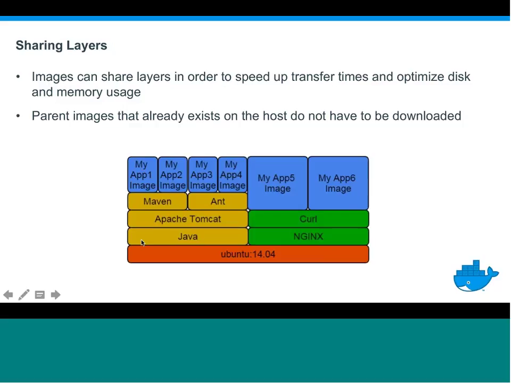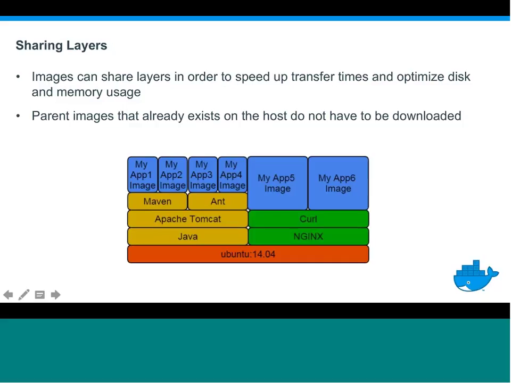So it would be Ubuntu, Java, Apache, and Maven for the first one, Ubuntu, Java, Apache, and Maven for the second one, and so on and so forth. So in a virtual machine world, you would have full copies of all of these different stacks for each application because they would be completely segmented and isolated on their own. But in containers, what we are doing is creating these base layers that are shared.